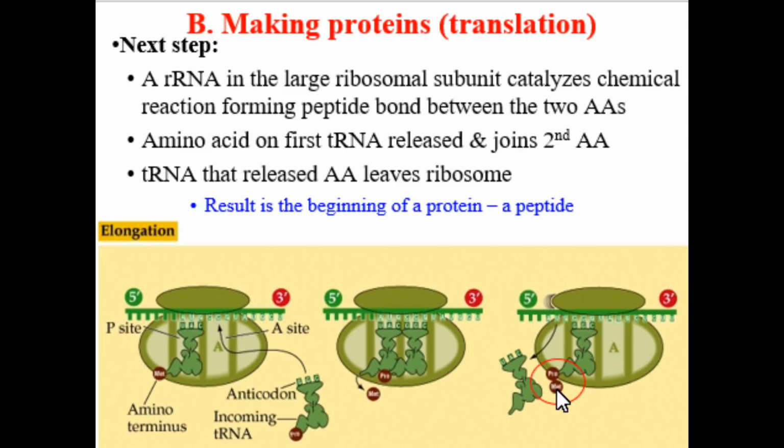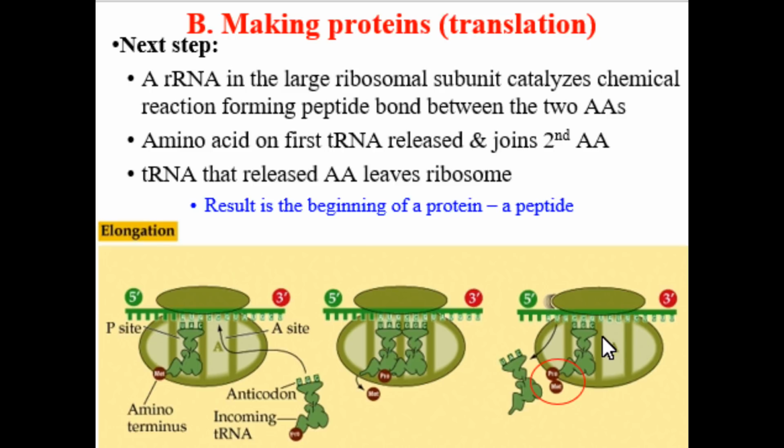Now look what this transfer RNA is doing. This ribosomal unit is moving along the messenger RNA. So it's gone past this one, brought in a methionine. It's onto this one, bringing in a proline. And now it's going to move on to this one.